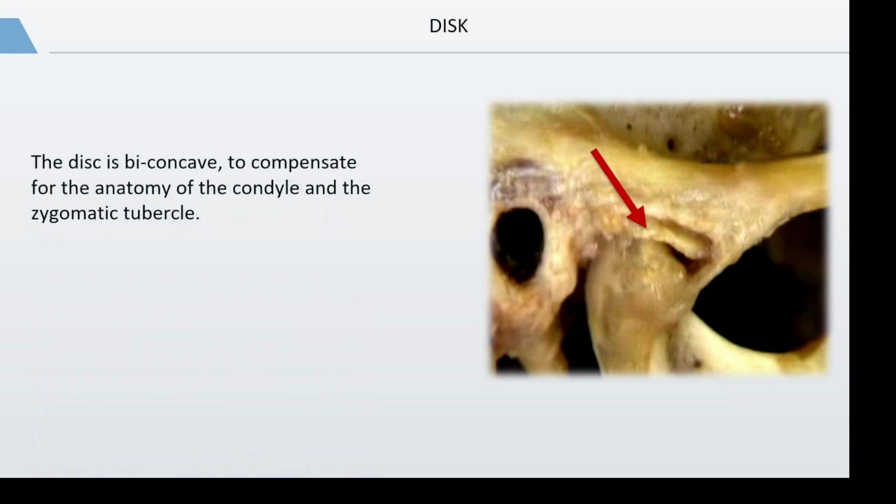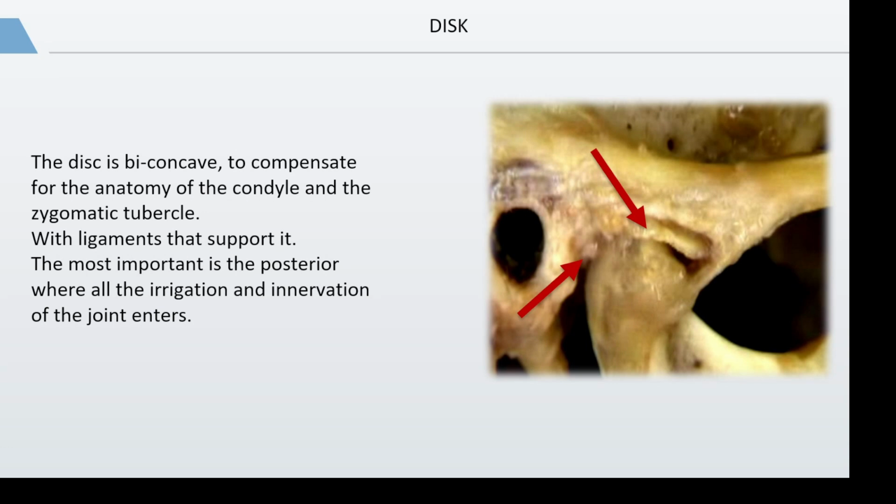It is a biconcave disc to compensate the different anatomy between the condyle and the cavity, because the condyle and the zygomatic tubercle are one in front of the other, and we have a biconcave disc to compensate.